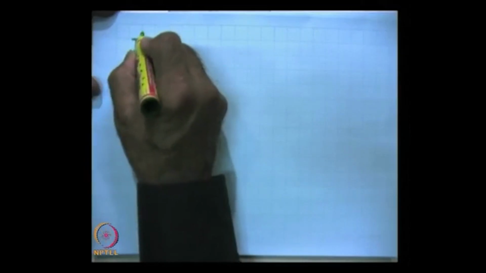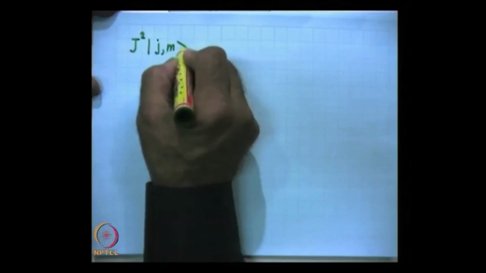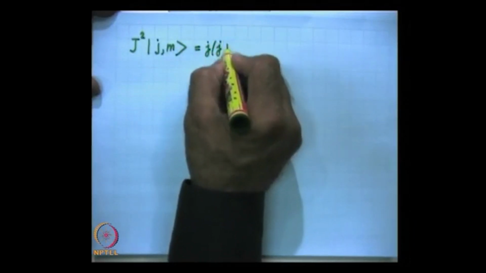Last lecture we had discussed the simultaneous eigenfunctions for the operators J squared and J z. We had represented ket j m as the simultaneous eigenvectors of the operator J squared, and the corresponding eigenvalues were j into j plus 1.